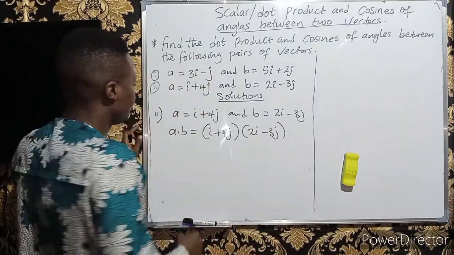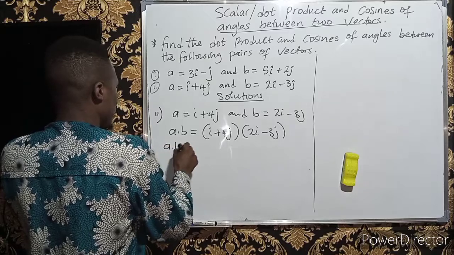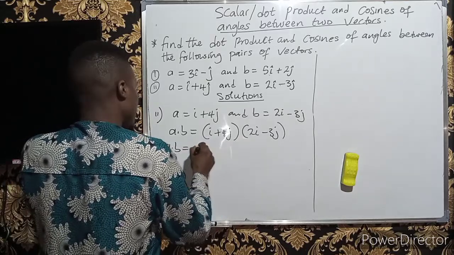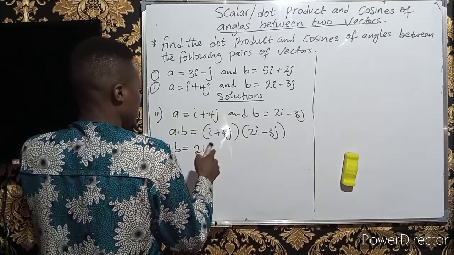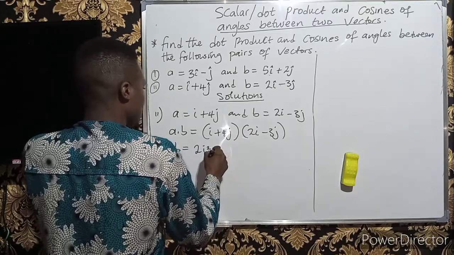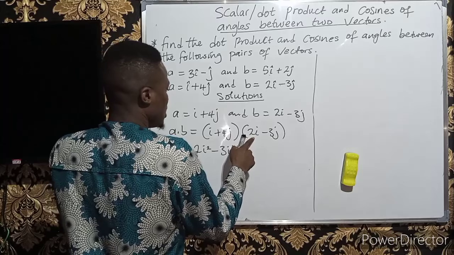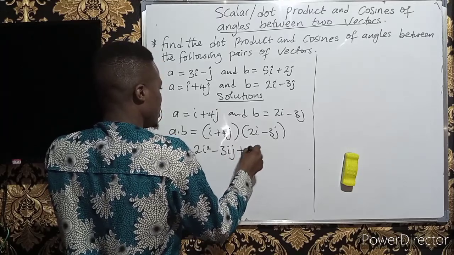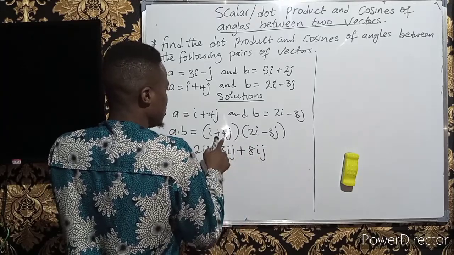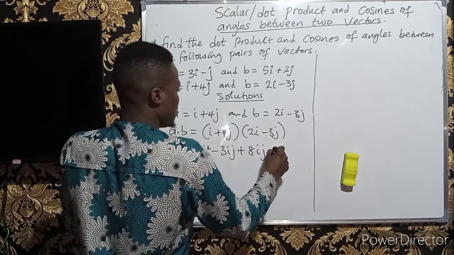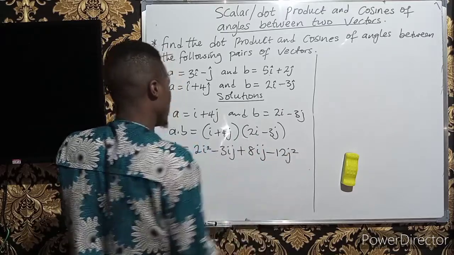Now to open the bracket, we have i times 2i, which is 2i squared. i times minus 3j is minus 3ij. 4j times 2i will give us plus 8ij. 4j times minus 3j is minus 12j squared.